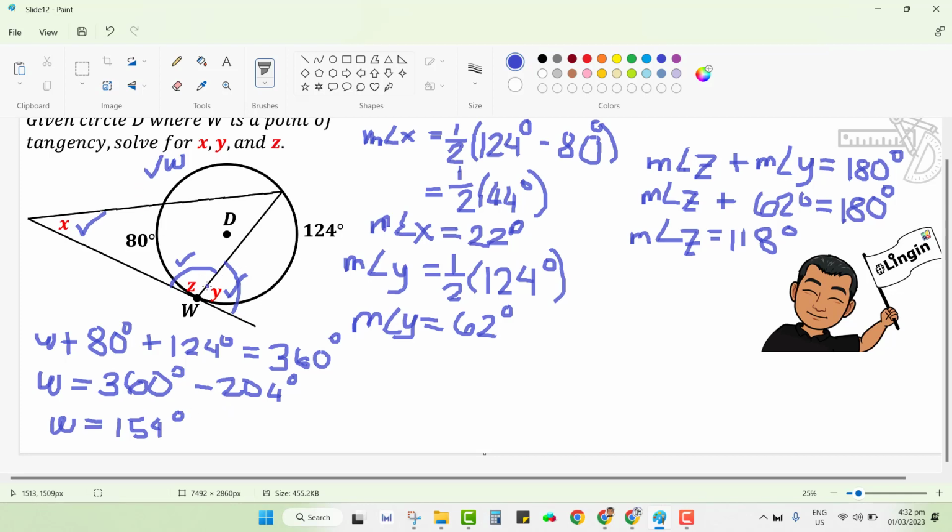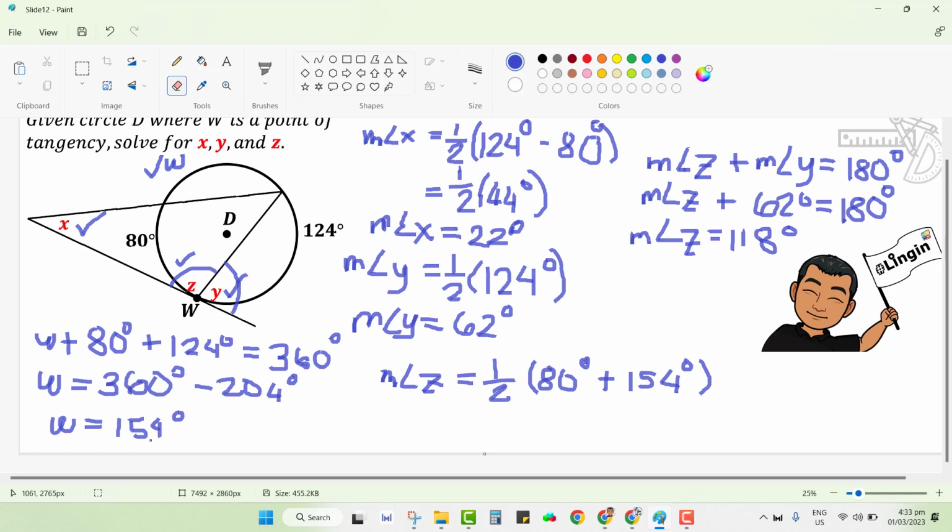Again, this is just one way to attack the problem in solving Z, because once we know w, we know that the angle should be half of the intercepted arc. So the measurement of angle Z must be equal to 1/2 the measurement of its intercepted arc, which is the given 80 degrees plus w, which is 154 degrees earlier.